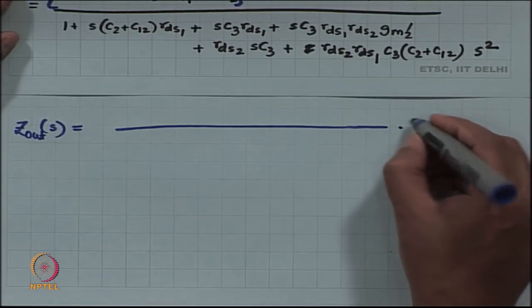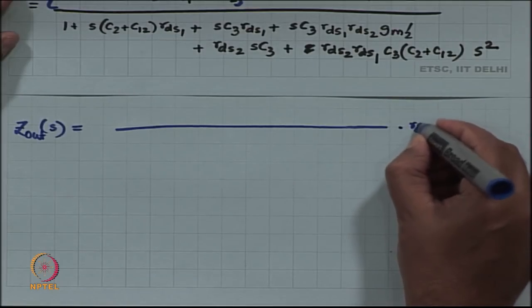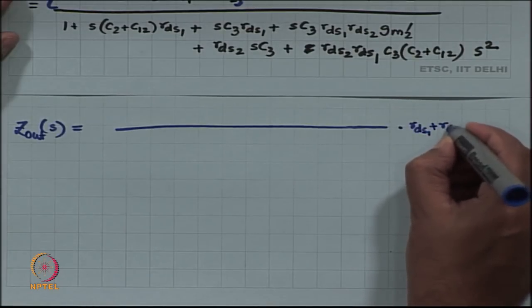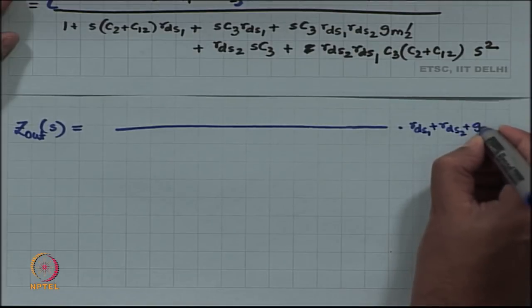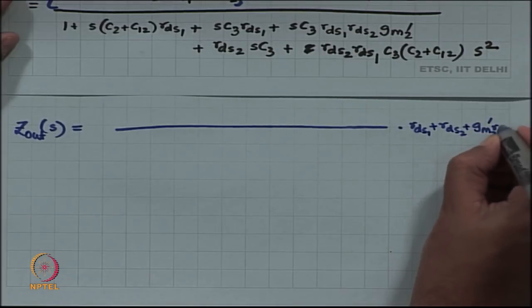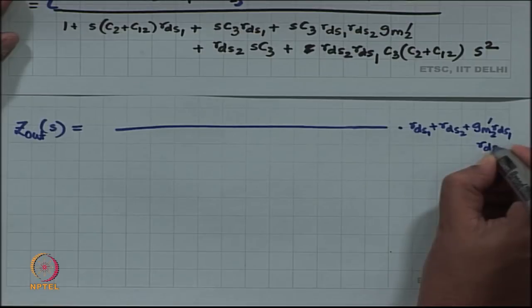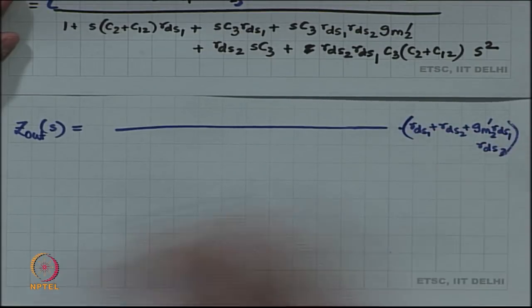Sorry, I forgot to write the DC term. RDS1 plus RDS2 plus GM2 prime RDS1 RDS2. This is the DC term.